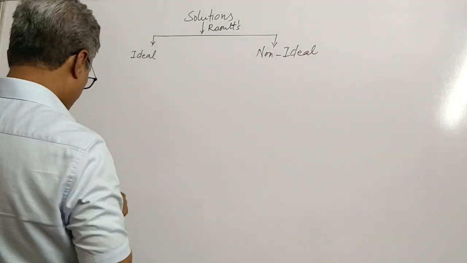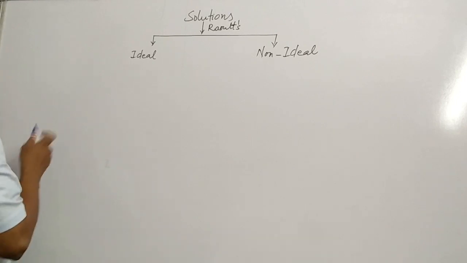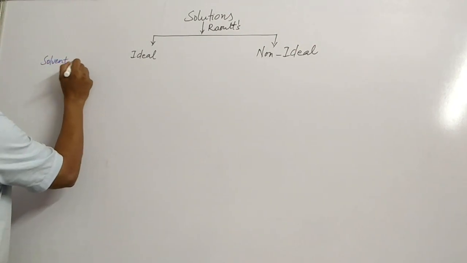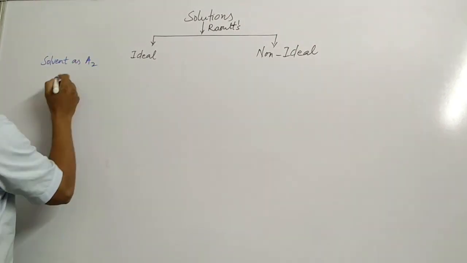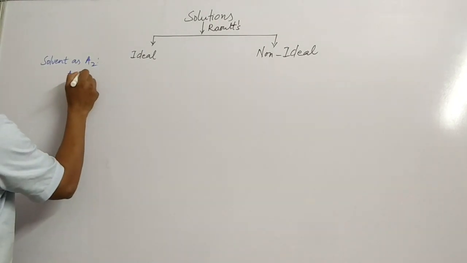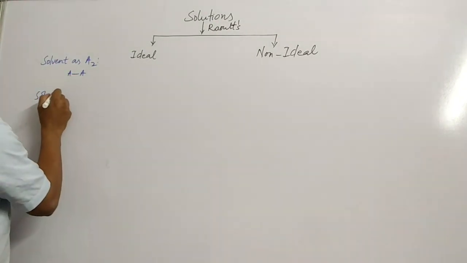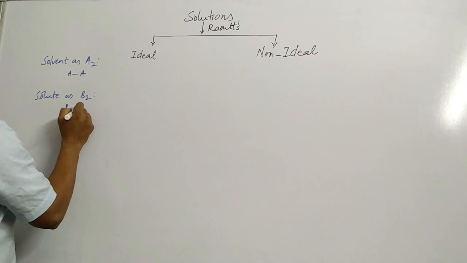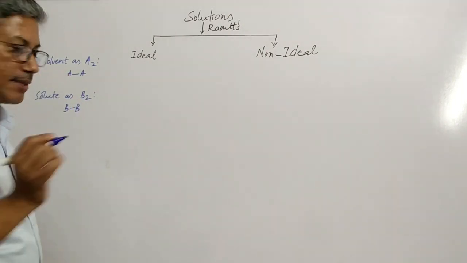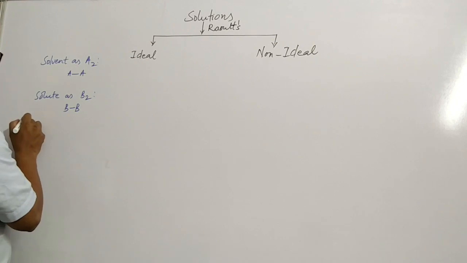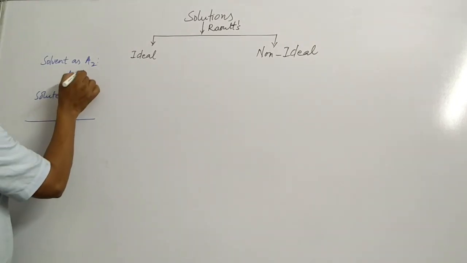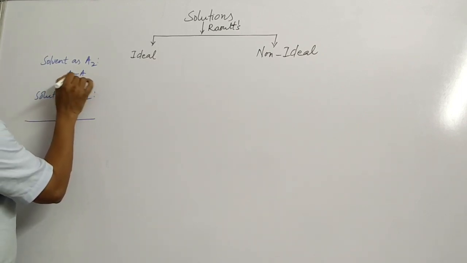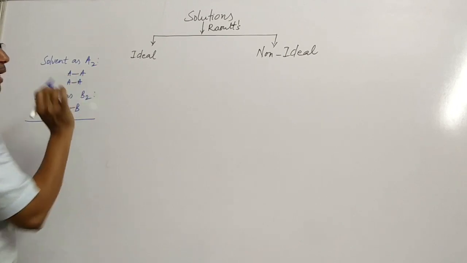To understand this, we take the solvent as A2 and represent it as A-A, then the solute as B2, and indicate this as B-B. This dash line indicates bonding. See students here, before they get mixed, the interaction between A-A only is noticed.